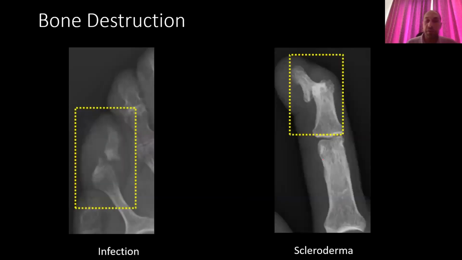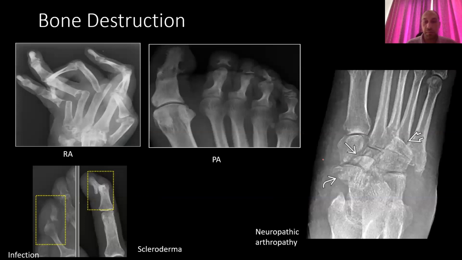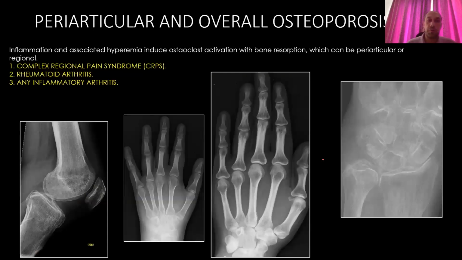Okay, this is another pattern of bone destruction, a collection for bone destruction: the periarticular and overall osteoporosis. Overall osteoporosis or regional osteoporosis, complex regional pain syndrome, if there is a fracture or any local problem, can be associated with regional osteoporosis.